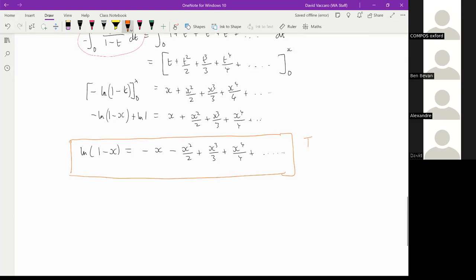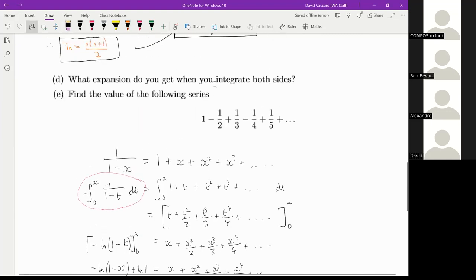So this should be the Taylor expansion of ln(1 minus x). Now, you could get this Taylor expansion by repeated differentiation of ln(1 minus x) and evaluating it at 0, but you can also obtain it from modifying this known Taylor expansion of the geometric series.